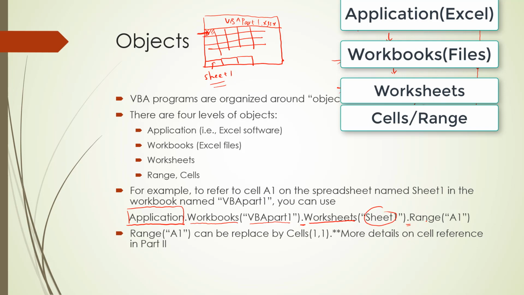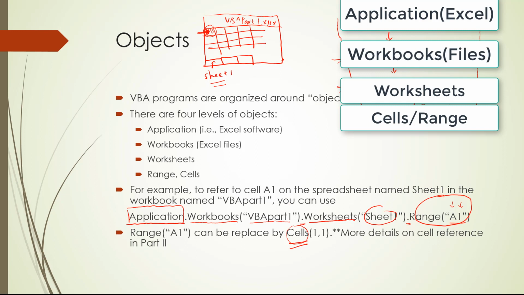In this case, we want the first cell, which is A1. A is the column name, 1 is the row name. So first column, first row. So this is a complete reference to cell A1, to this particular cell. So here we use explicit reference to all these 4 levels of objects, from application all the way down to the range.